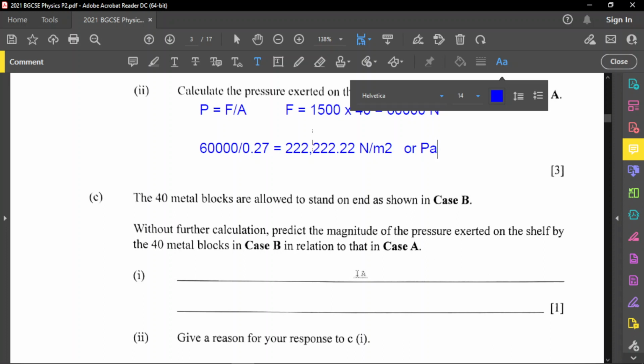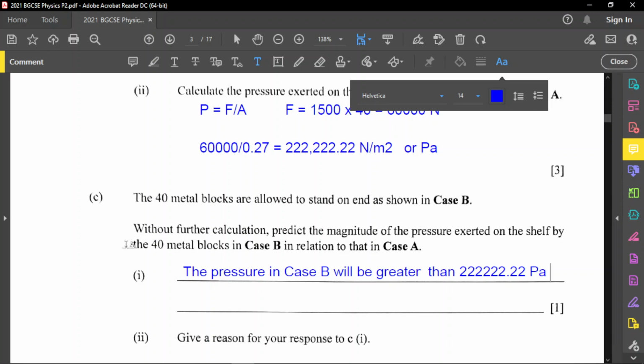Okay, so without any calculation, what we can say here is that the pressure in case B will be greater than 222,222.22, let's say Pascal or Newton per meter square, doesn't matter. All right, so it will be greater than that for sure.